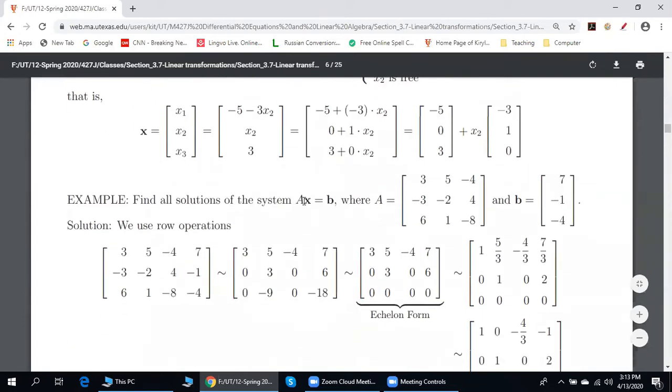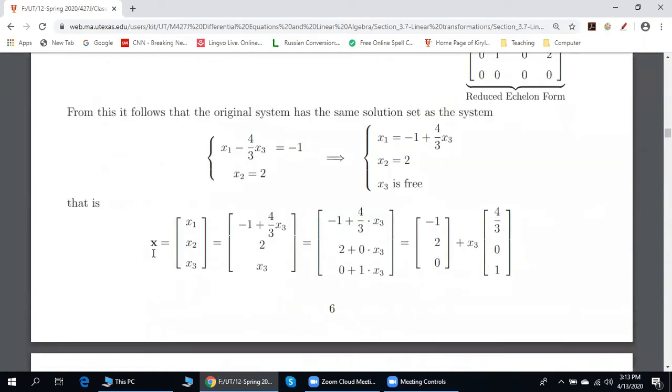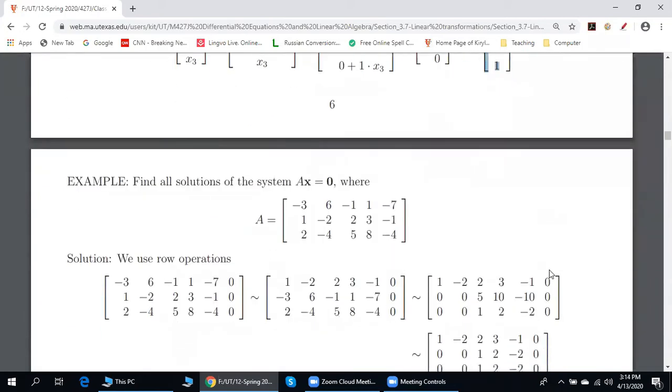Same situation we have for any other system of linear equations. Here's example number 2. Again, we have a system of linear equations written in matrix form. Note that its general solution is the sum of two pieces, a particular solution of the system plus the general solution of the corresponding homogeneous system.